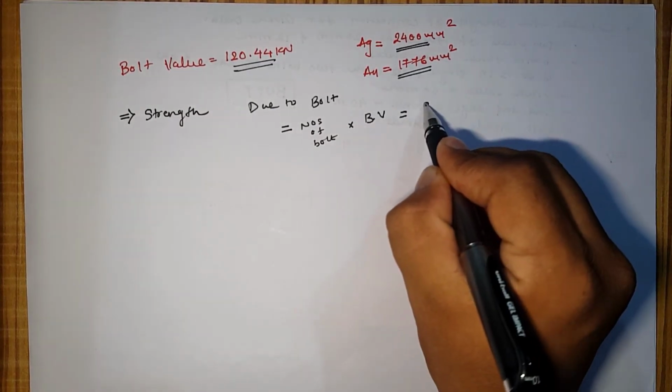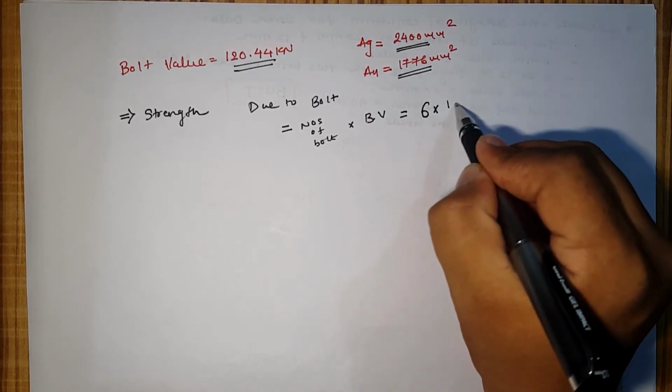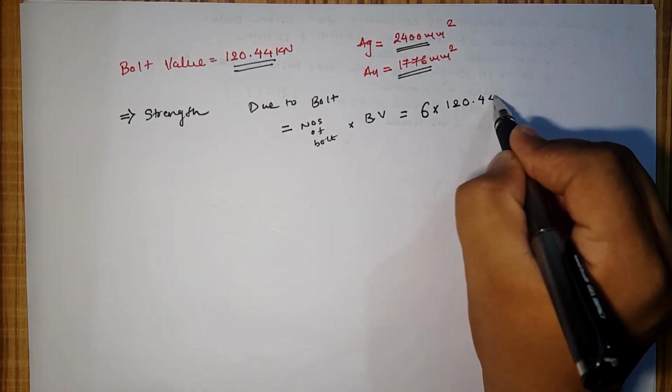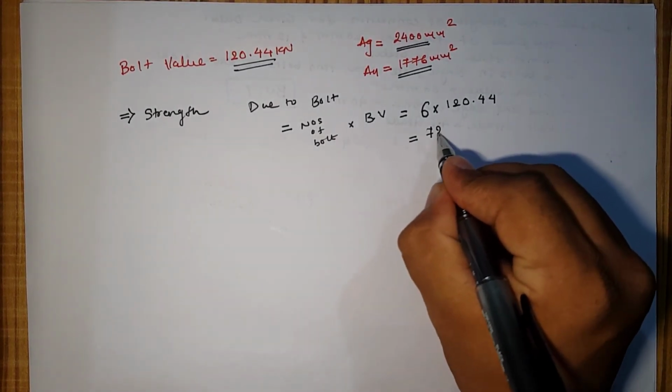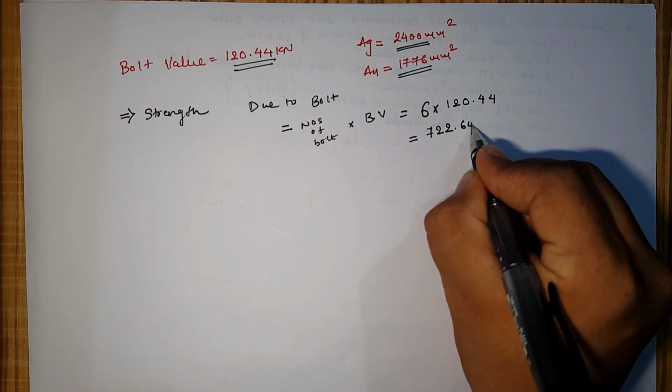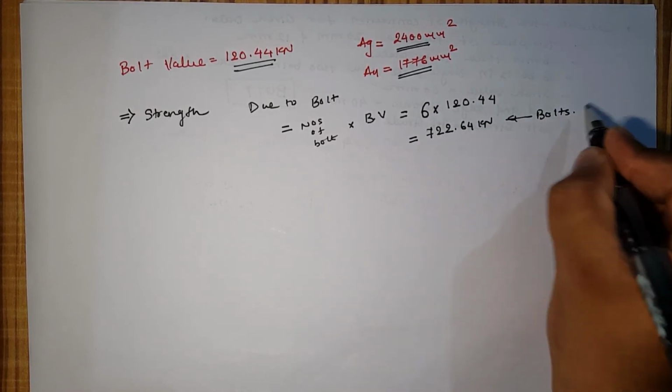The total number of bolts in a single plate is 6, and the bolt value is 120.44, which gives 722.64 kilonewton due to bolts.